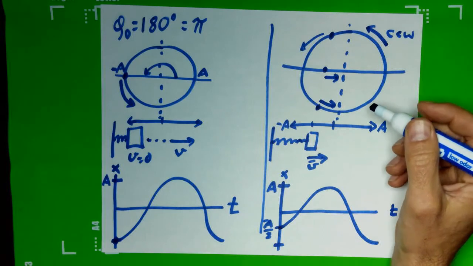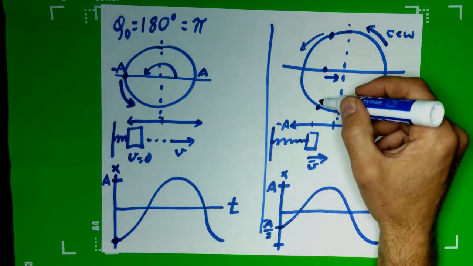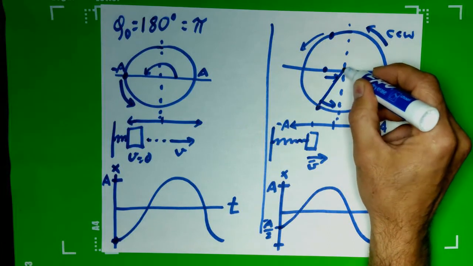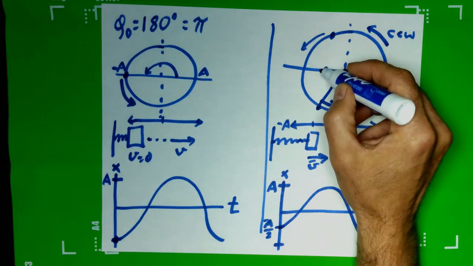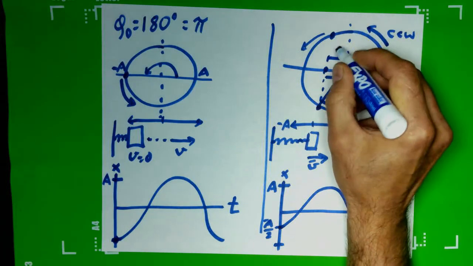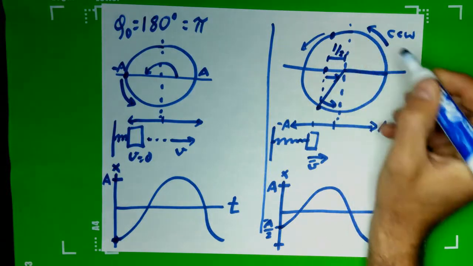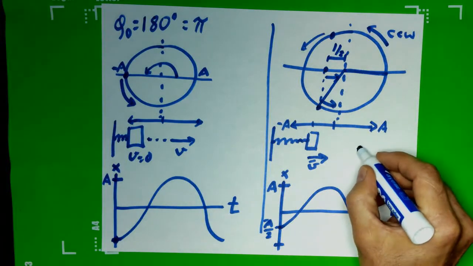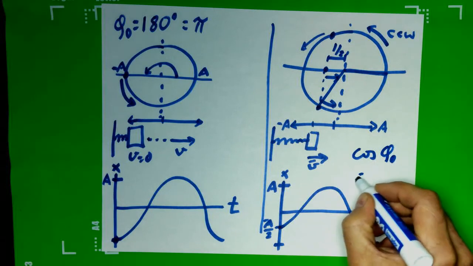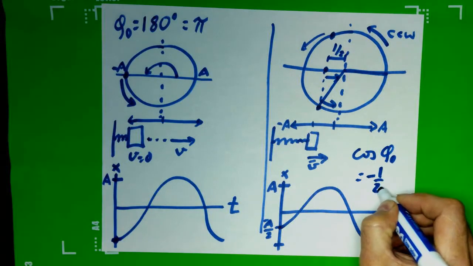Now, the question of half is a little bit hard to see as an angle, but if I were to draw this right here, knowing that this distance here is 1/2, the question is cosine of phi0 is going to give me a -1/2.